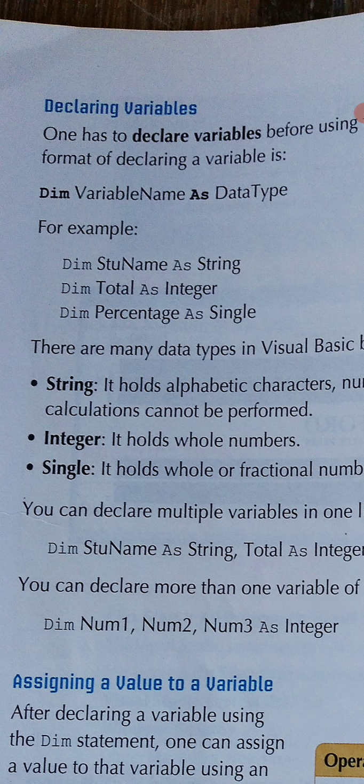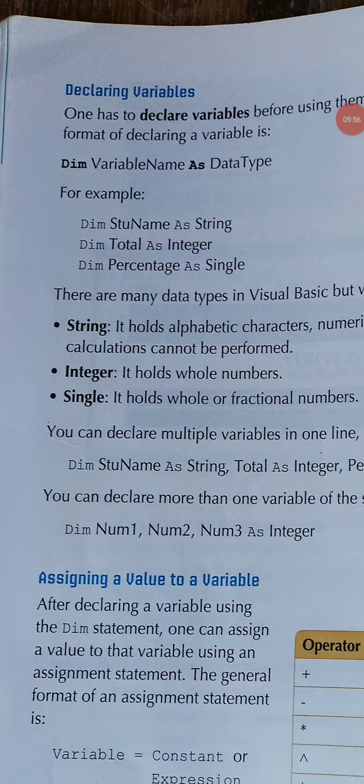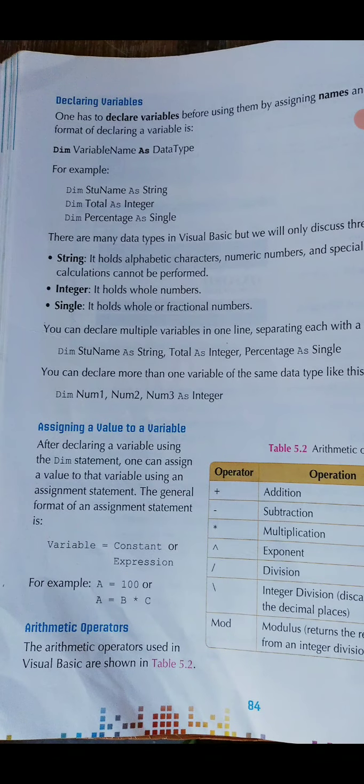Clear this much, students? No doubt regarding this? Everyone has understood. Declaring variables is very important. You must know how many data types there are. Here only 3 data types are given to you, but in higher classes, when you go to class 8 and 9, you will get more data types.